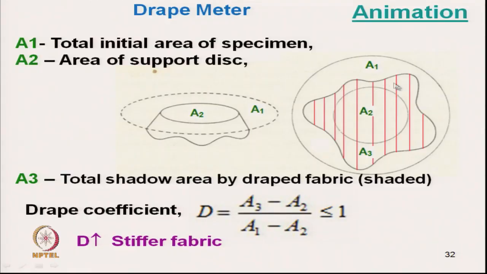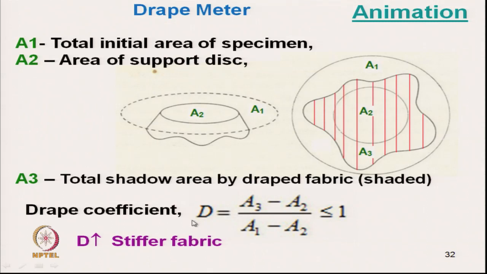A1 is known because we cut the fabric, and A2 is known because we know the area of the support disc. The only thing we have to do is measure the area of this shadow, and then we can calculate the drape coefficient.